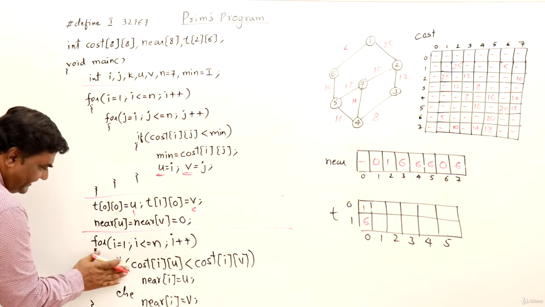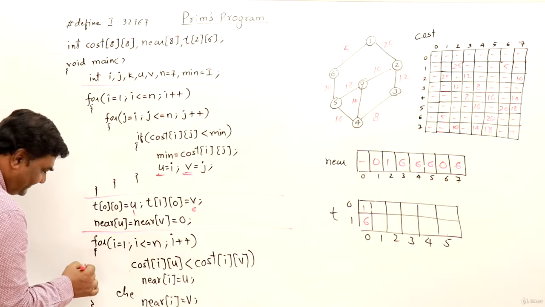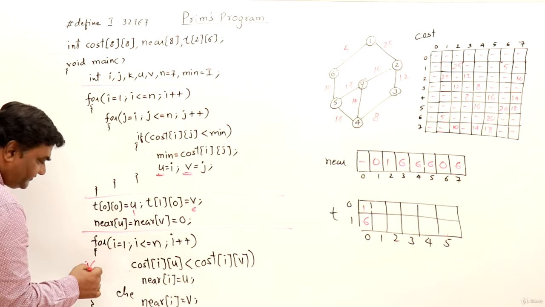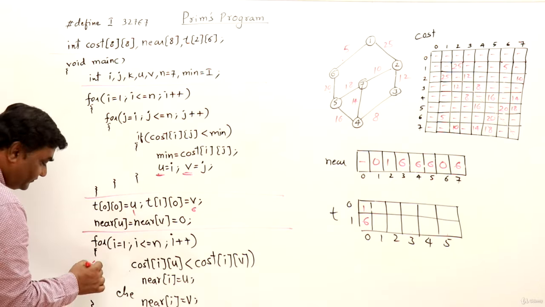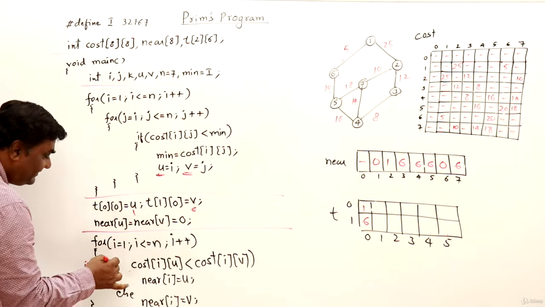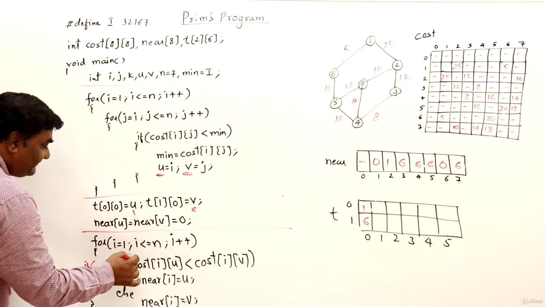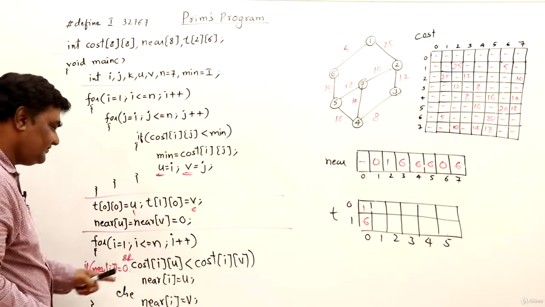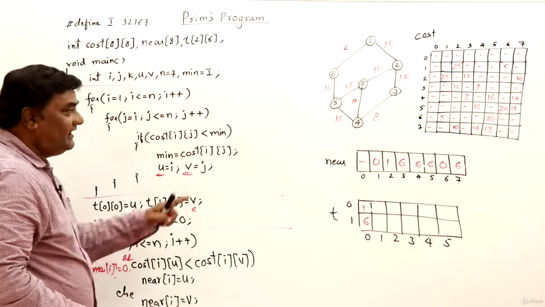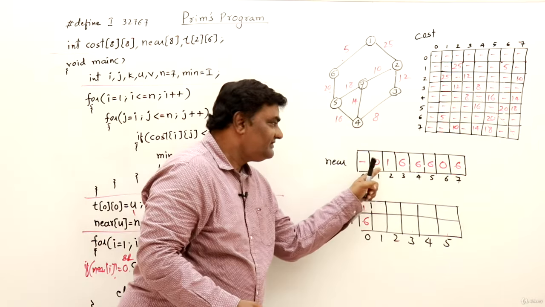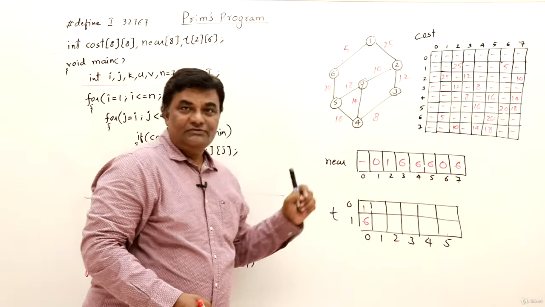And inside this, I should have one more condition. I missed that. I will write that. I should take only those whose near of I is not equal to 0. Means it should not include this 1 and 6 and this one. Two conditions, so this should also be there. I should find out only for those which are not 0. So leaving the 0, I should do this.